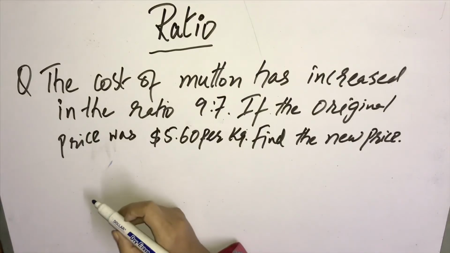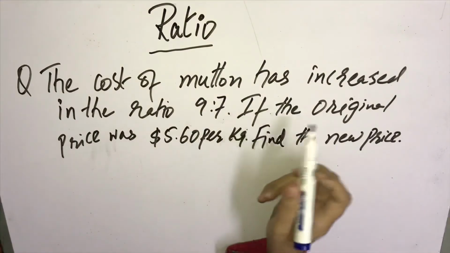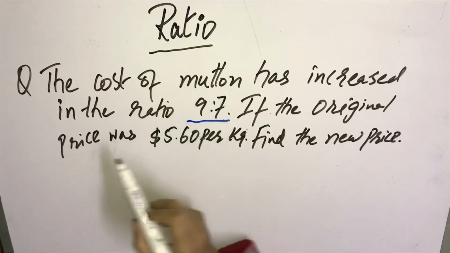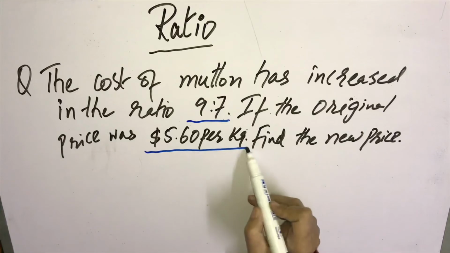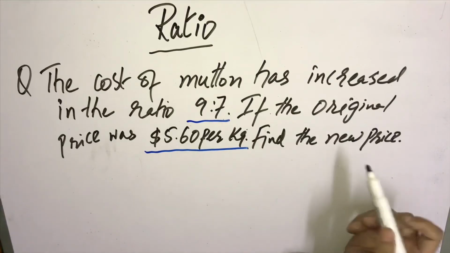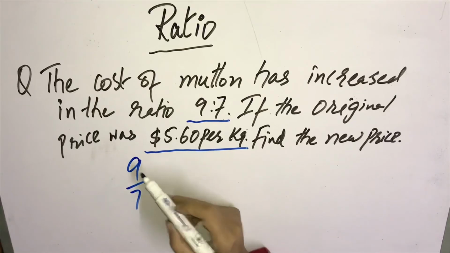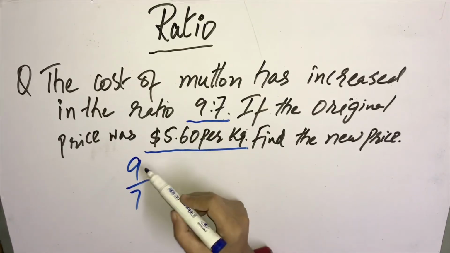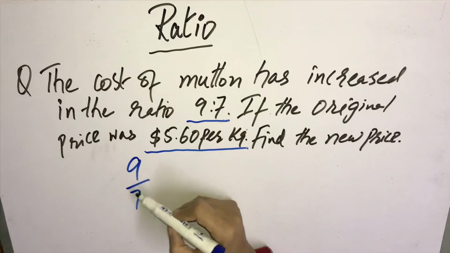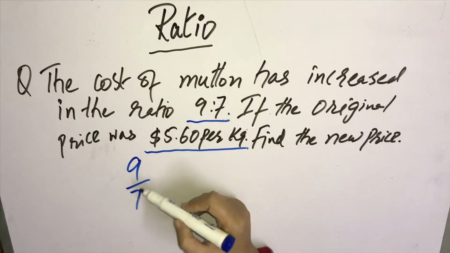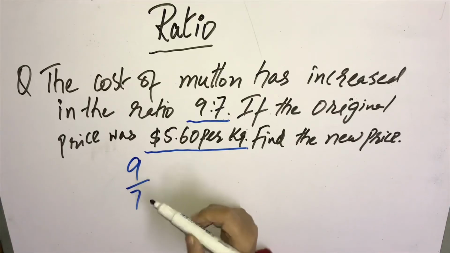The last question: the cost of mutton has increased in the ratio 9:7. If the original price was $5.60 per kg, find the new price. As the price has increased, you can see that the fraction 9:7, when written as a fraction, has a numerator bigger than the denominator, in other words, it's an improper fraction.